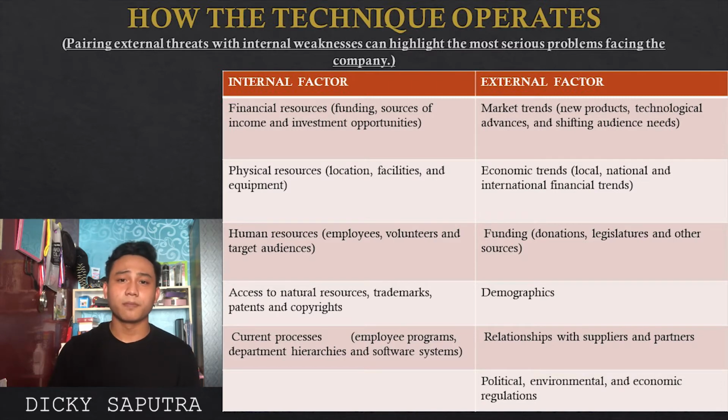Number 1, market trends, for example new products, technological advances, and shifting audience needs. Number 2 is economic trends, for example local, national, and international financial trends. Number 3 is funding, like donations and other resources. Number 4 is demographics. Number 5 is relationships with suppliers and partners. Number 6 is political, environmental, and economic regulation.